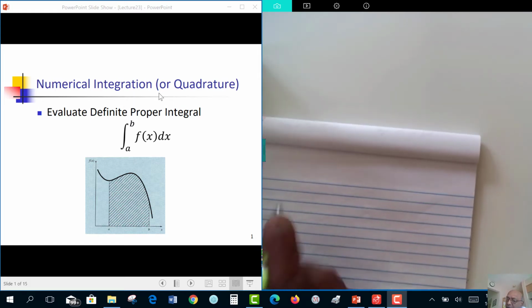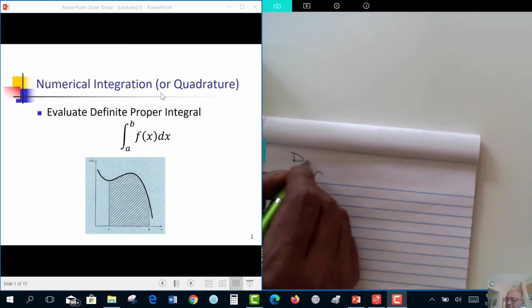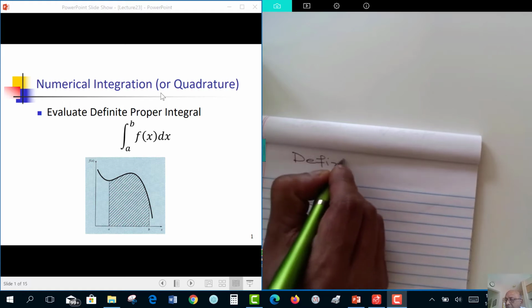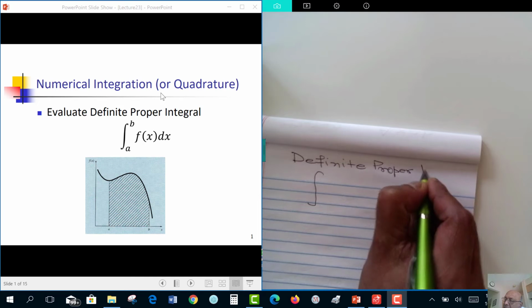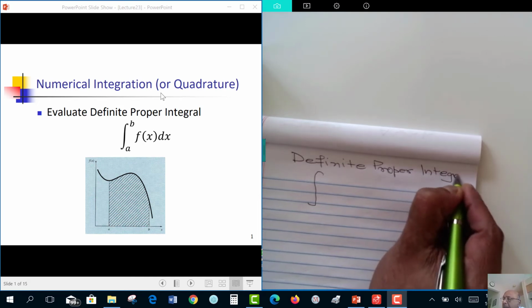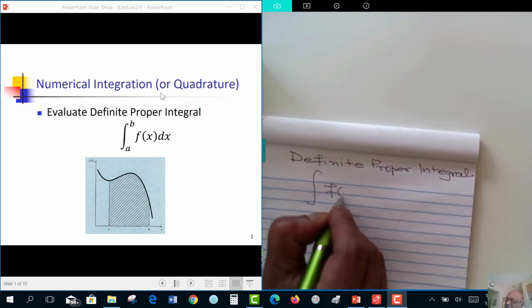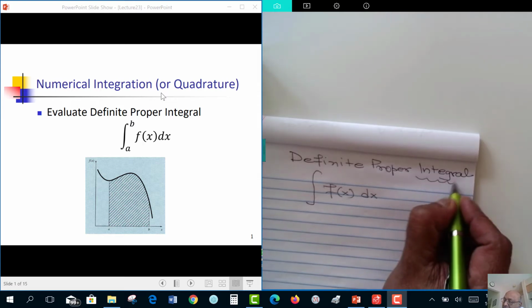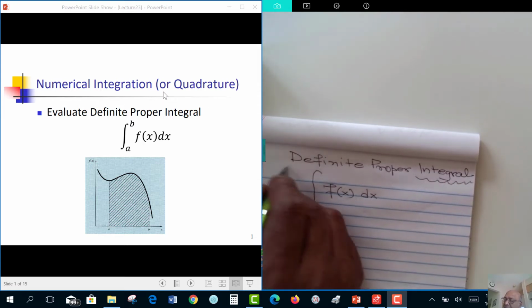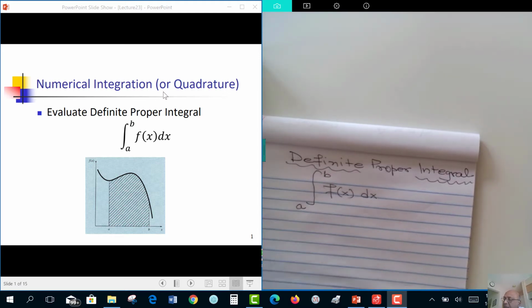So what we want to do here is evaluate a definite, proper integral. So we want to integrate a function of x with respect to x. So that's our integral. Let's see what we mean by definite. Definite means we have limits, both specified, a and b.